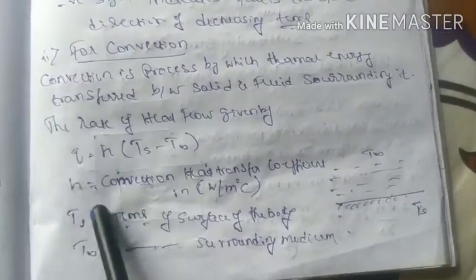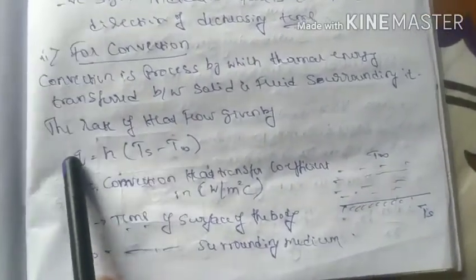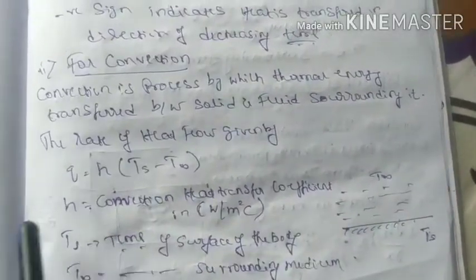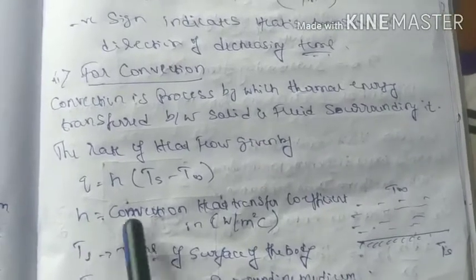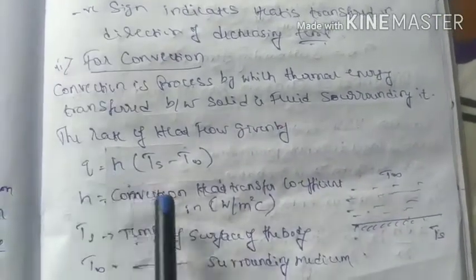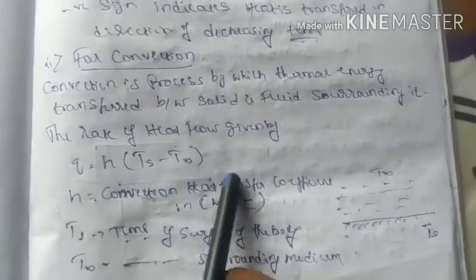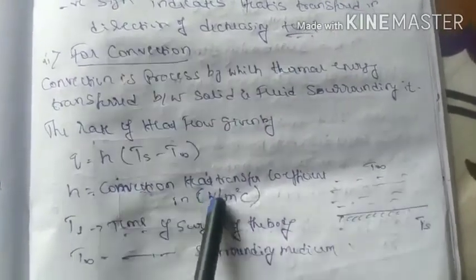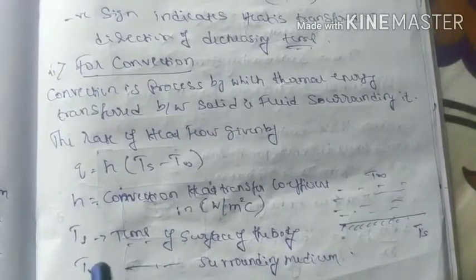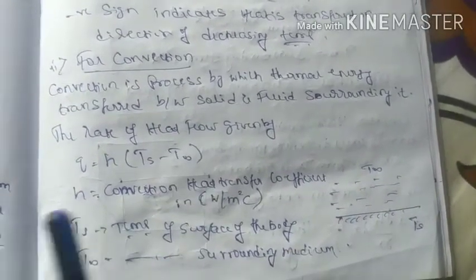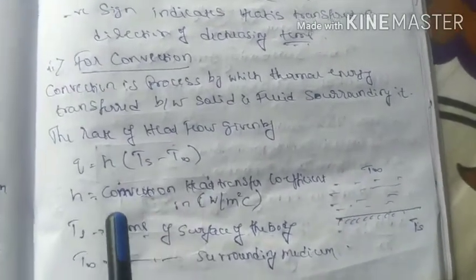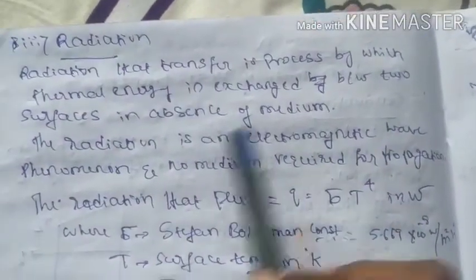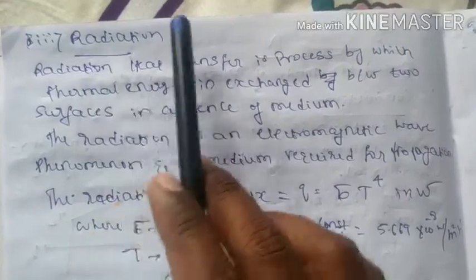Q is directly proportional to one more very important thermal property, that is H, the convection heat transfer coefficient, whose SI unit is watt per meter square centigrade. So in conduction it depends upon the K property, and here it depends upon the H property.